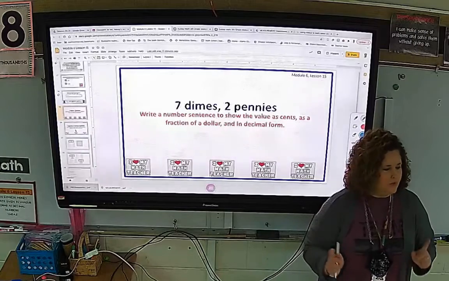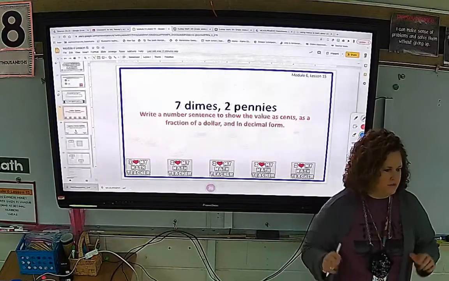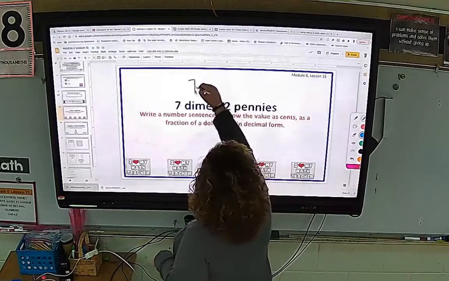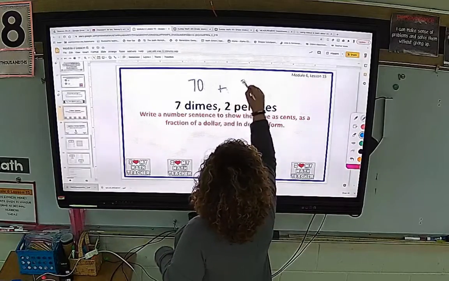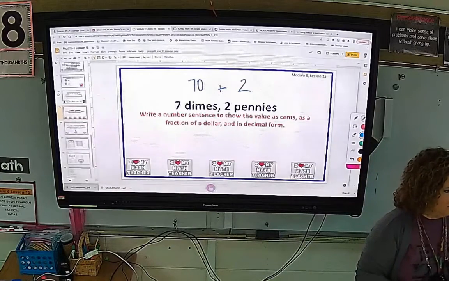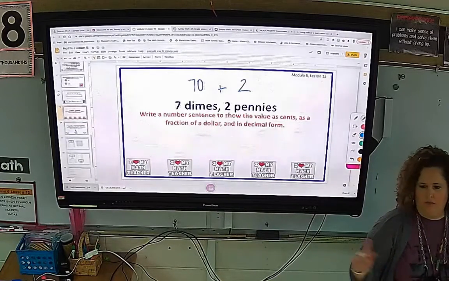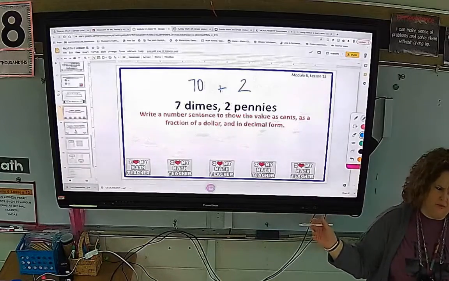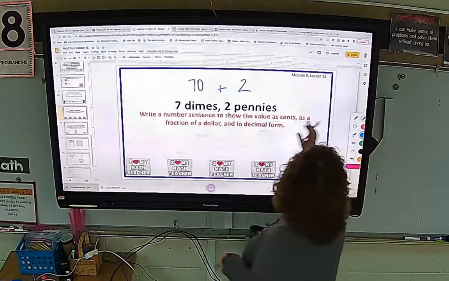Okay. So if we automatically know 7 dimes is 70, we might think of this as 70 plus 2. What is another way we could write this? I know that you might not need to do this for this problem, but you might need it down the road for another problem we do.